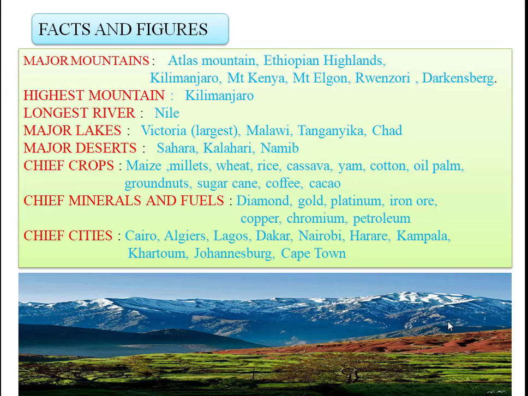Chief minerals and fuels: diamond, gold, platinum, iron ore, copper, chromium, and petroleum. Chief cities: Cairo, Algiers, Lagos, Dakar, Nairobi, Harare, Kampala, Khartoum, Johannesburg, and Cape Town.